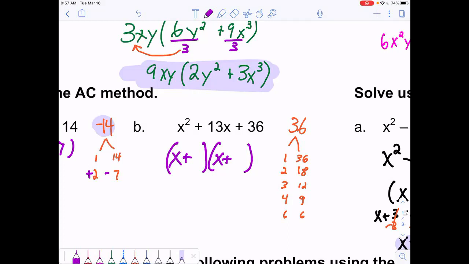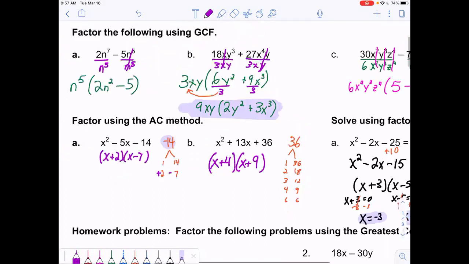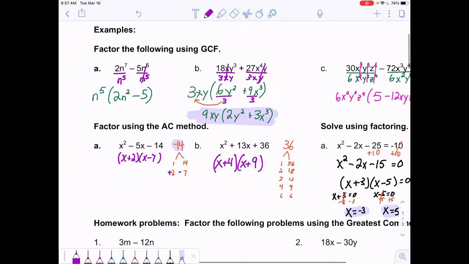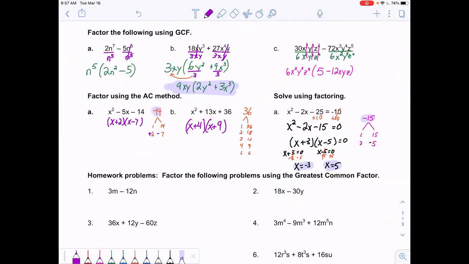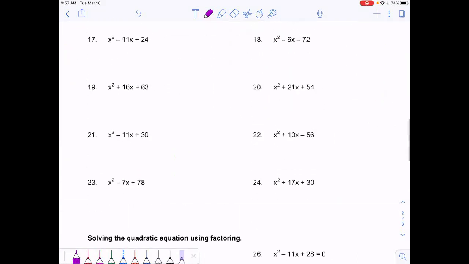Jason? Yeah. See the difference between factoring and solving. Solving is an extra step. And those are the ones way down the bottom. That's the last problem. So there's only 4 that you have to solve.